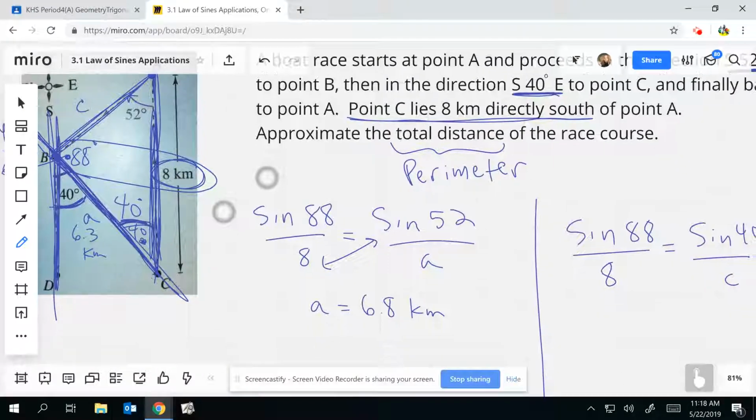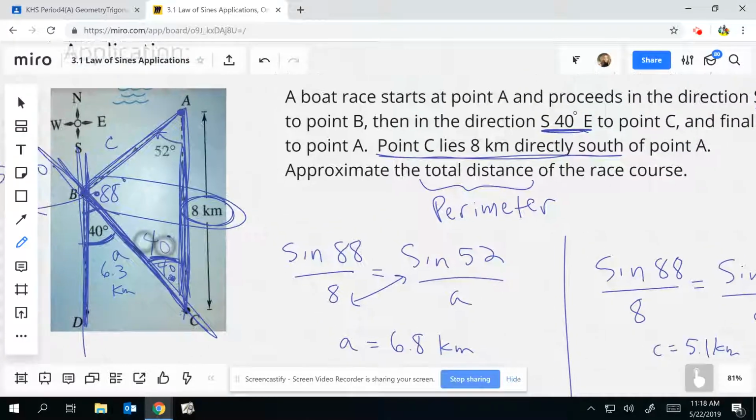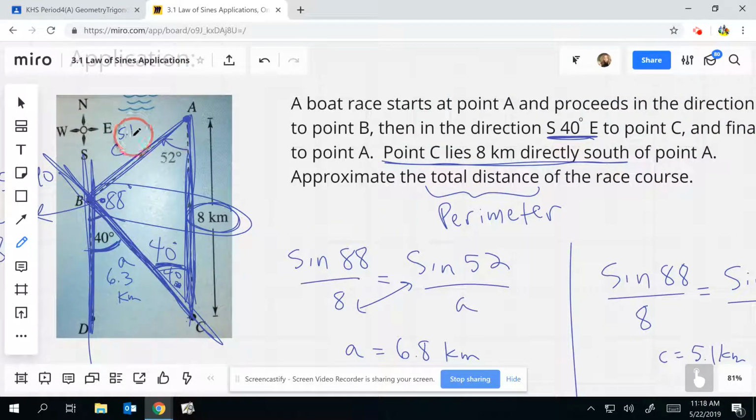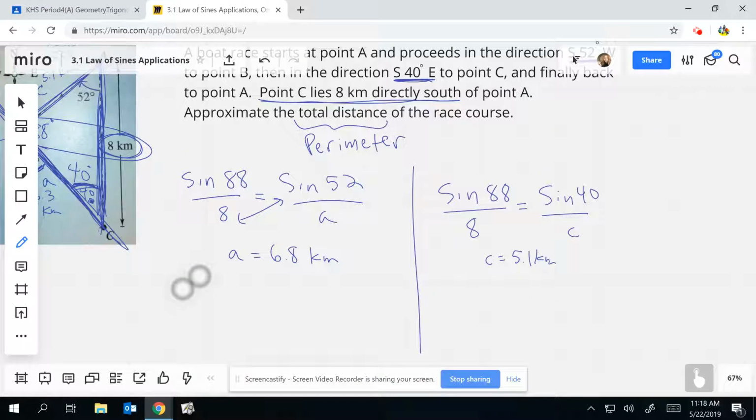If we solve for C, we do sine of 40 times 8, divided by the sine of 88, and you get 5.1 kilometers for C. Next to C up here, we'll put 5.1 km. They want the total distance of the course.